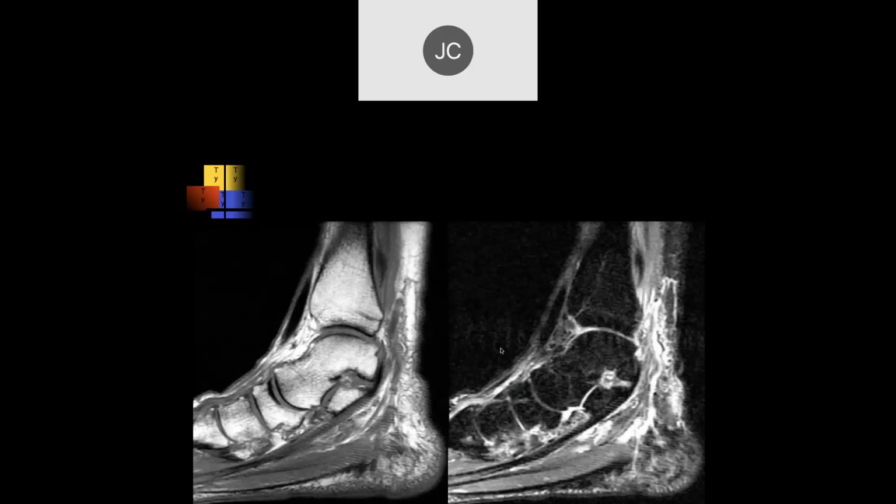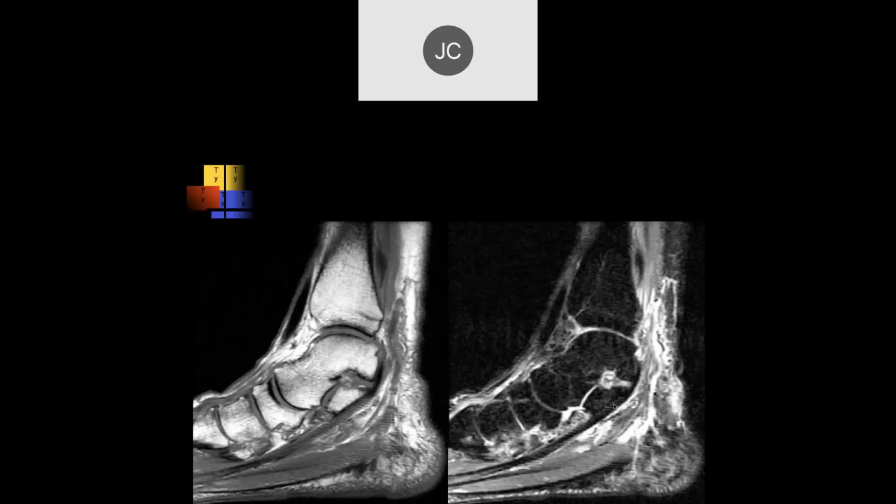Okay. Let's see, last case. What do you think here? So there is thickening, increased signal in one of the tendons there. Are you talking about this? Below that? No, in between. What's that?